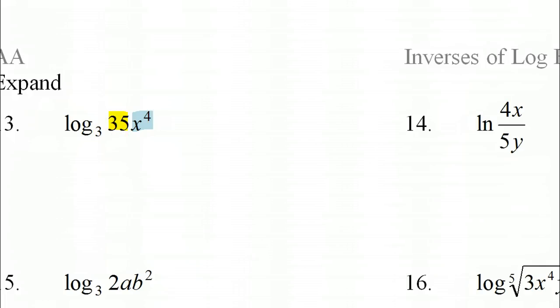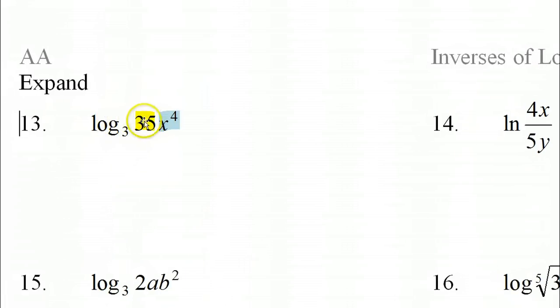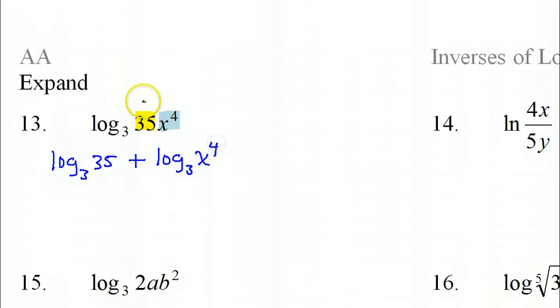So we're going to rewrite this as the log of 35 plus the log of x to the 4th power, right? That's like my A and my C, and this is my A and my C. You got to split those up. But then there's one more step we have to do based on the power property.